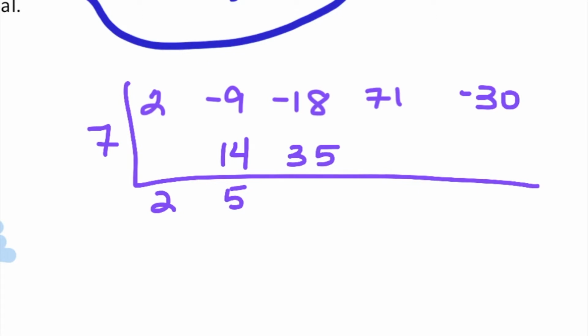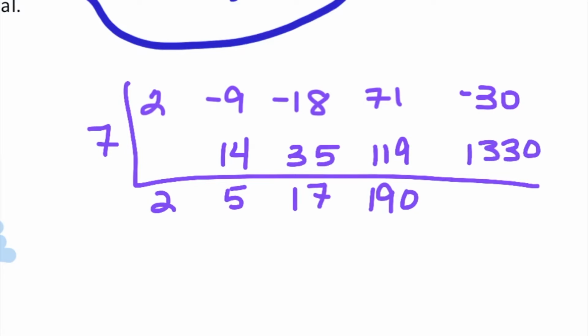-18 plus 35 is 17. 17 times 7 is 119. Blech. 71 plus 119 is 190. 190 times 7 is 1,330. -30 plus 1,330 is 1,300.